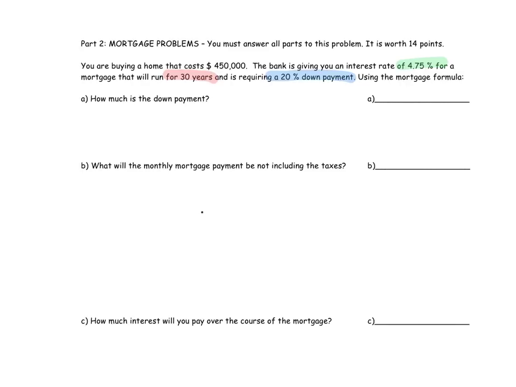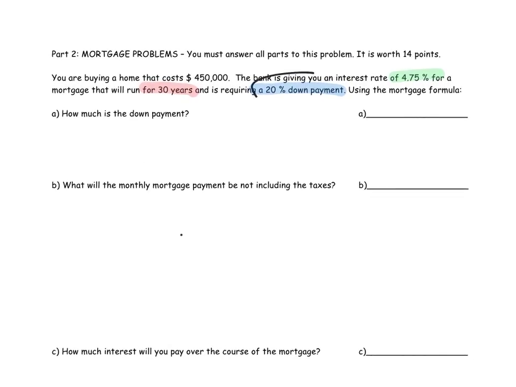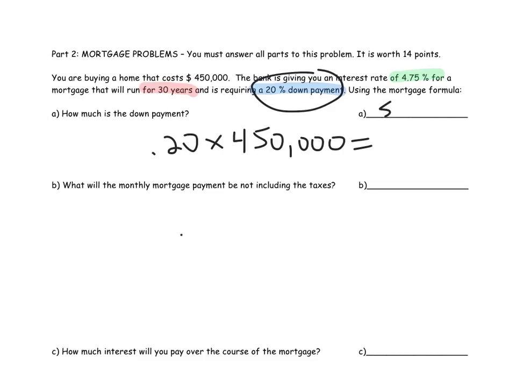Well, here, the down payment is 20%, so we're going to go 0.20 of the price of the house, in this case $450,000. If you do 20% times $450,000, you get $90,000.